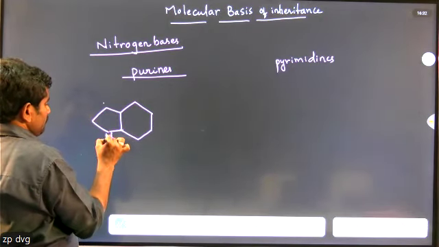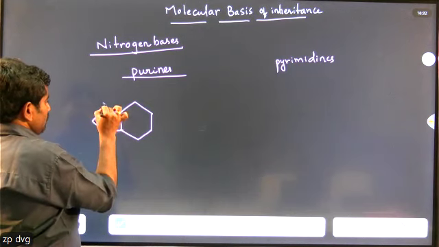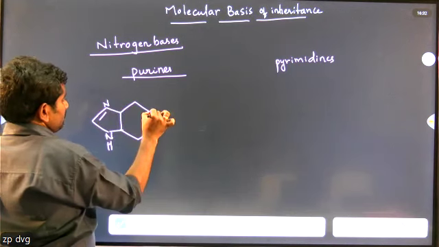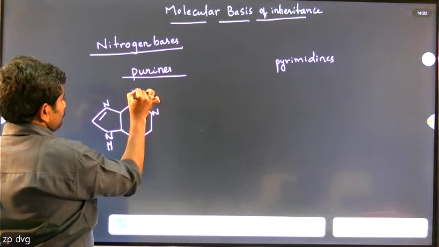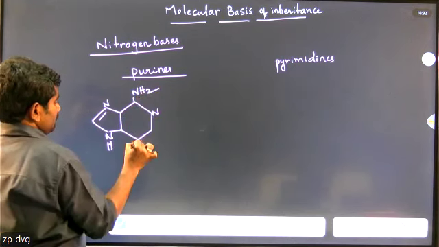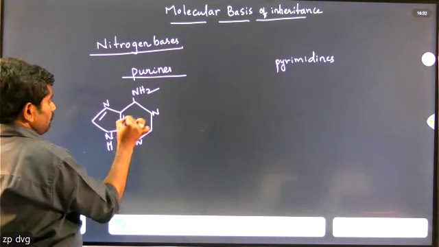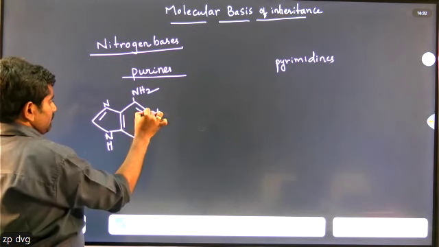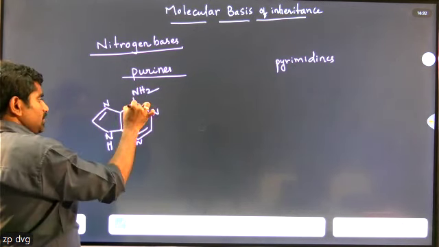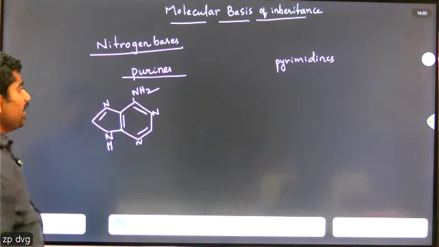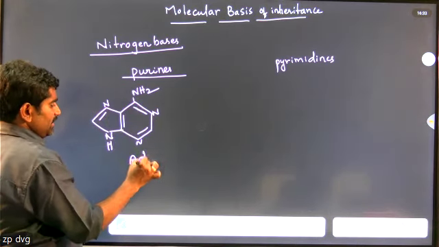Here nitrogen, hydrogen. This is N, this is NH2, and this is N. These are the double bonds here. This is called adenine.